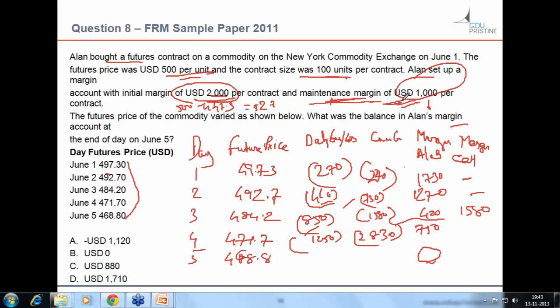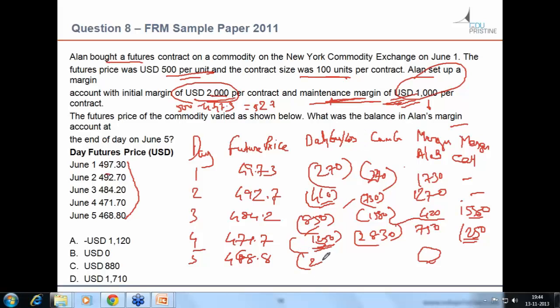Another time this margin account balance has fallen below the maintenance margin, so he needs to deposit 1250 to get it back. Why? Because he had actually filled it to 2000. Then there was another day with a loss of $1250, so he needs to deposit that $1250 to get it back to the initial margin account.